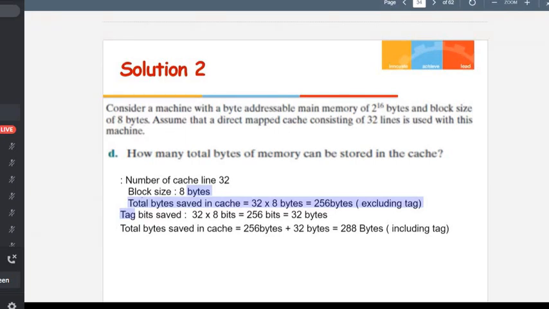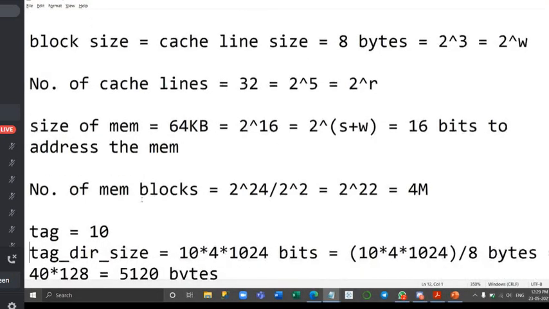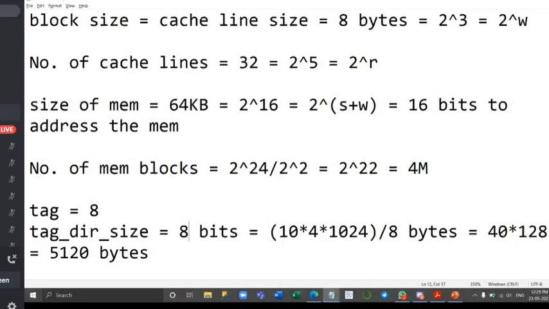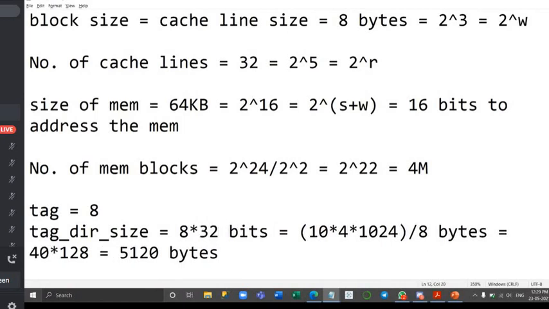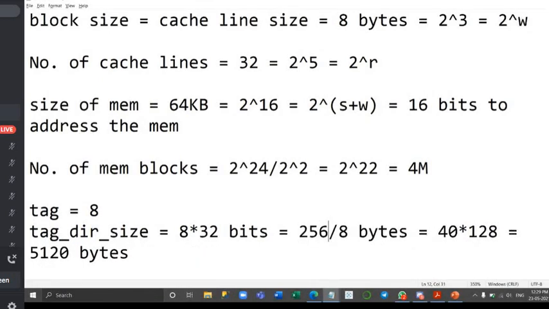Now the tag obviously takes up some space. So if you have to find the space including the tag, you need to come here. Your tag size is 8 bits. The tag directory size will be 8 bits multiplied by the number of lines in the cache, which is 32. This gives you 256 bits, divided by 8, that gives you 32 bytes.